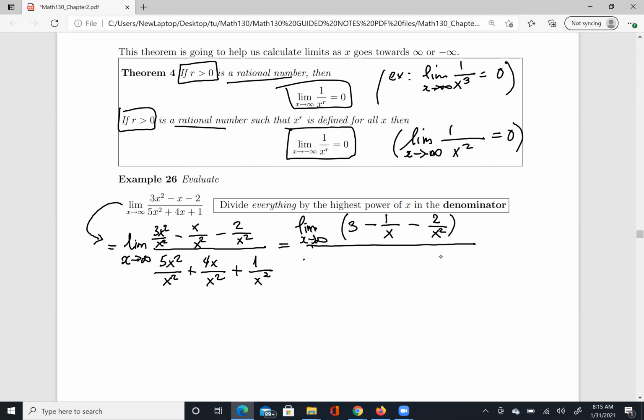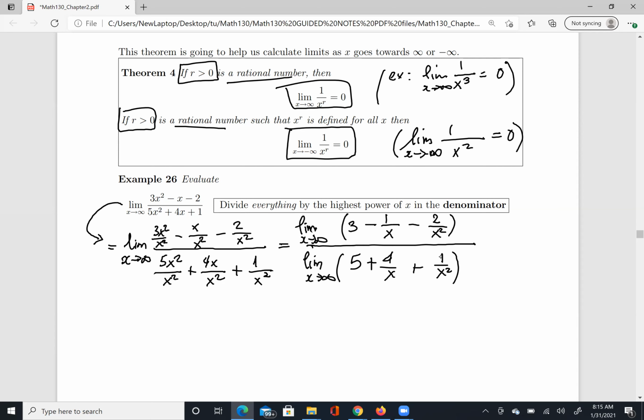It doesn't change it at all because it's one of the rules. So the bottom now has 5, right? 5x squared over x squared plus 4 over x, and then plus 1 over x squared.